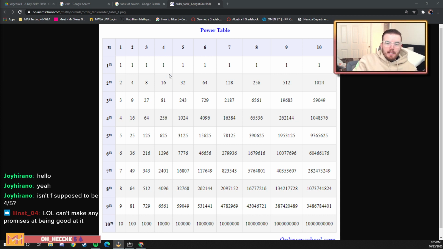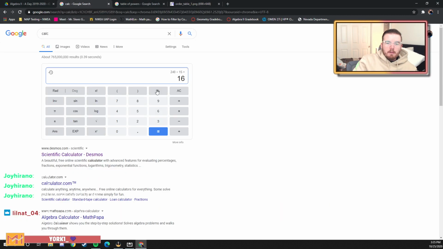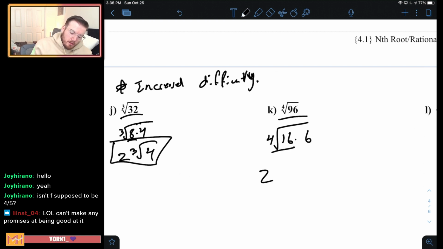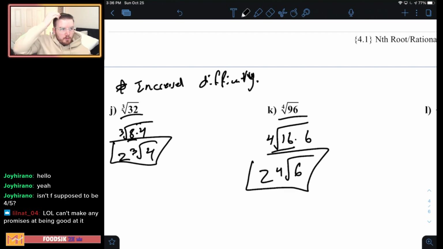Is it divisible by 16 or 81? Well, I have a feeling that it's probably not divisible by 81 because 81 is so freaking big, right? 96, though, is divisible by 16. It's 16 times 6. The fourth root of 16 is 2, but I can't take the fourth root of 6. It's 2 fourth root of 6.